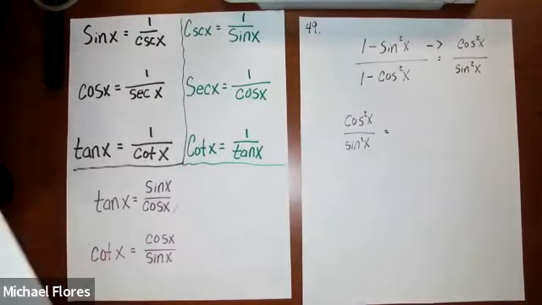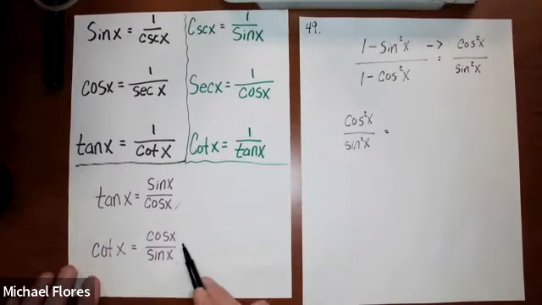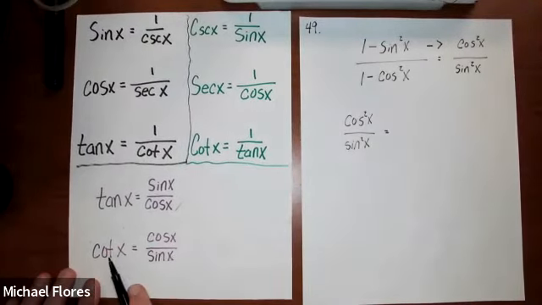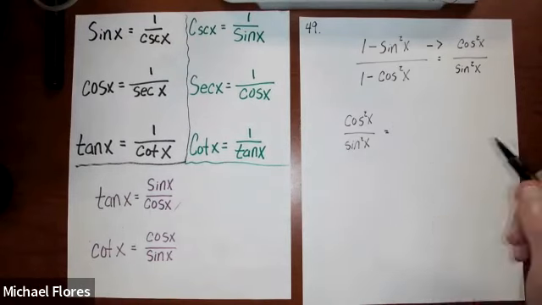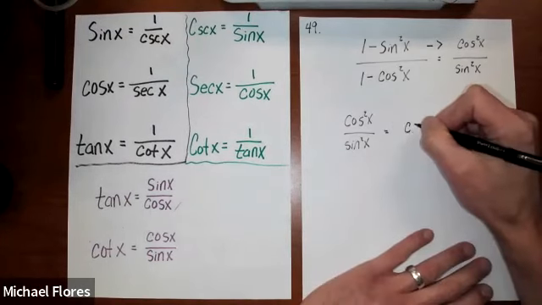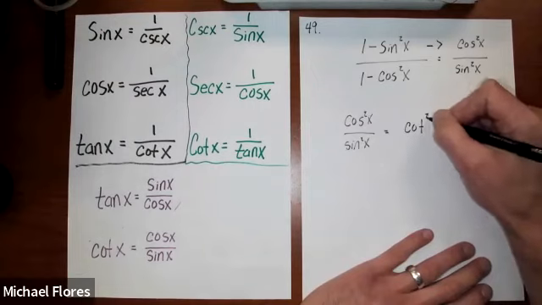And what we now have is a quotient identity. Cosine of x over sine of x is cotangent, but since we have cosine squared over sine squared, then it would be cotangent squared of x.